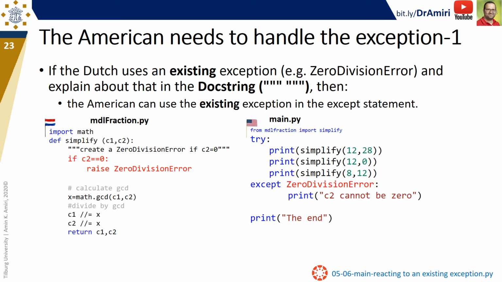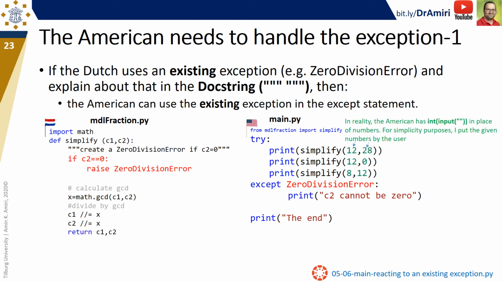He uses try except, and in the except part, because the Dutch programmer mentioned in the docstring that a ZeroDivisionError can happen, he uses except ZeroDivisionError and then a colon, and if that error happened, it says print C2 cannot be zero.